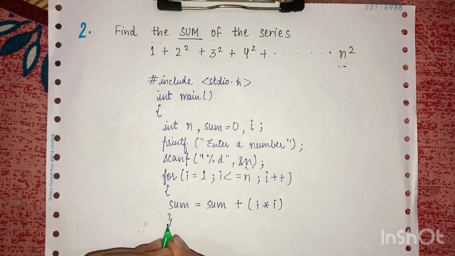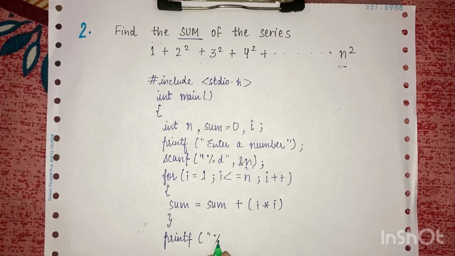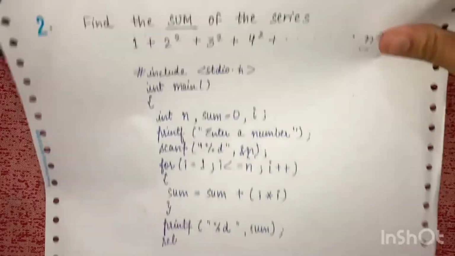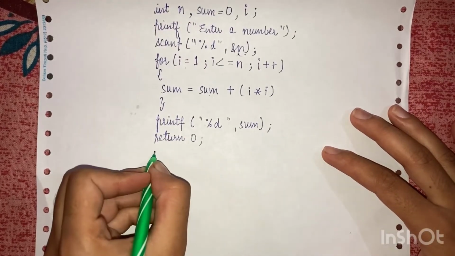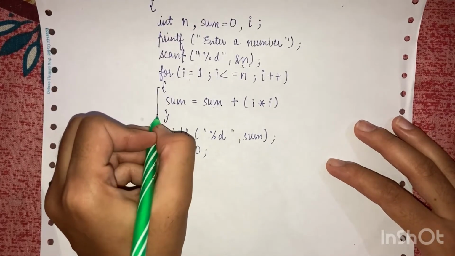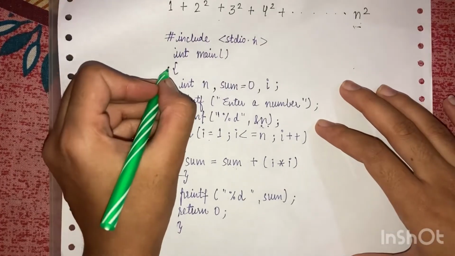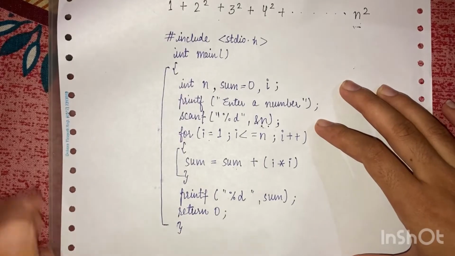Then we'll close the loop, and after we come out of the loop we will just use printf of percent d, sum, and return 0. We'll close the loop. This is the block of the for loop. This is the main function.